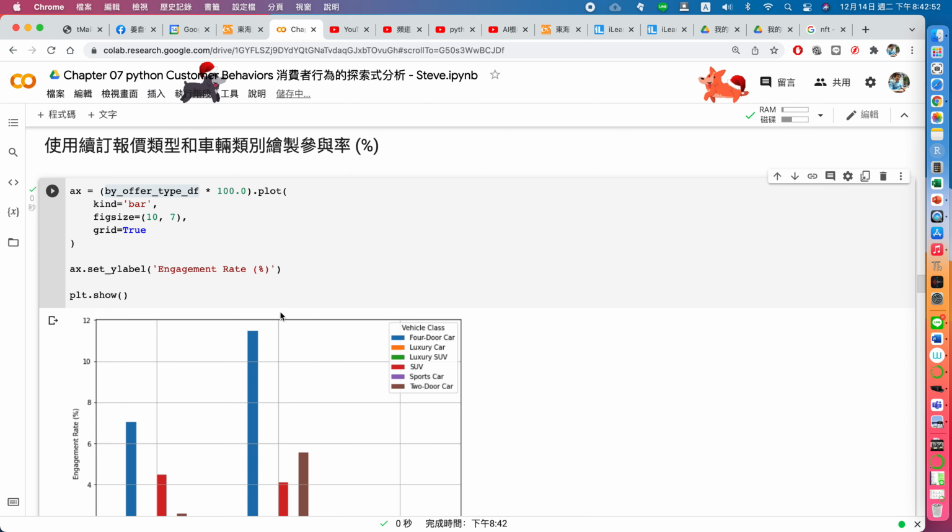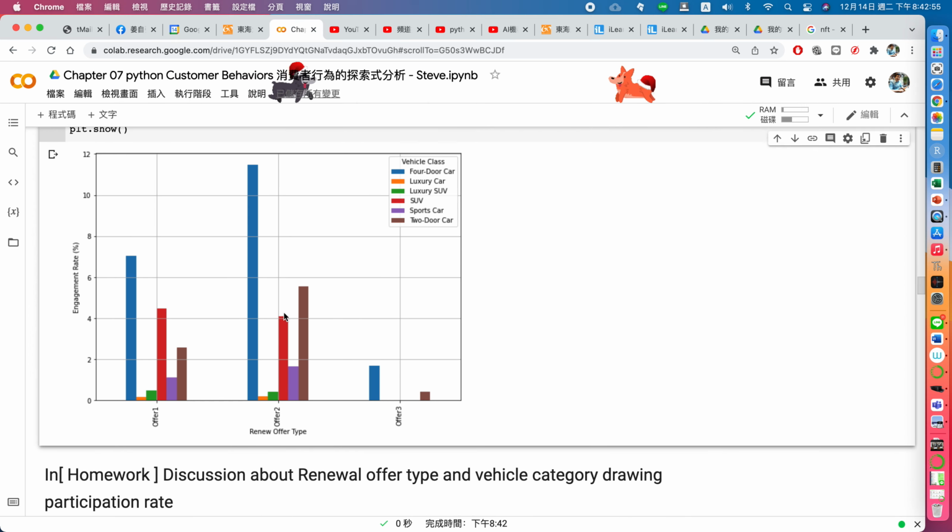Okay, so with this diagram, you can see different offer types, right? Offer type 1, offer type 2, and offer type 3. What is the majority for the vehicle class? For offer type 1, the majority is the 4-door car. What about the second?